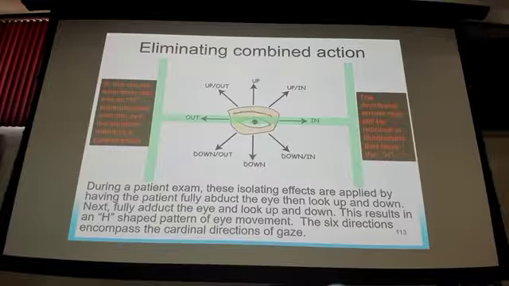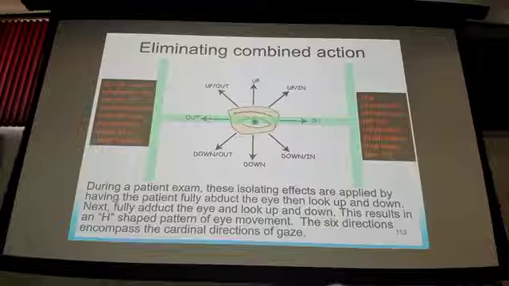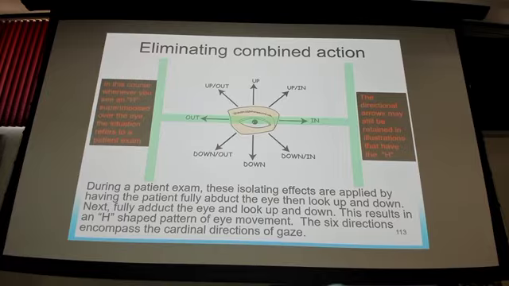If an eye is looking straight ahead, that's anatomy. But they can start out and say, if the eye is abducted, what muscle can move it up and down? That's what I'm going to get to. Is the eye looking straight ahead? Are you abducted or adducted first? That's how we're going to eliminate combined action.